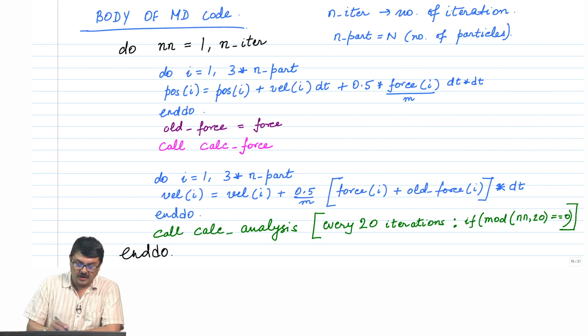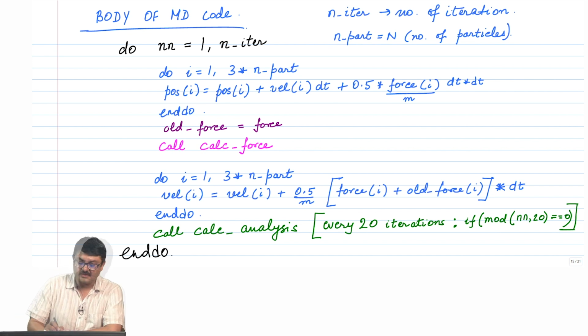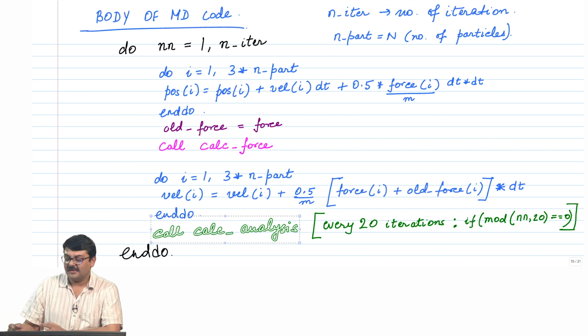Okay. Suppose you want to call your analysis subroutine, where you collect data to calculate thermodynamic quantities, every 20 iterations. Then you are going to call this calc analysis every 20 iterations. And how do you implement that?